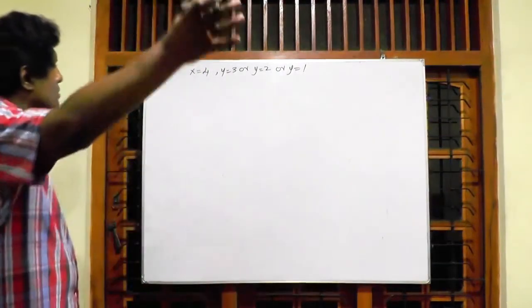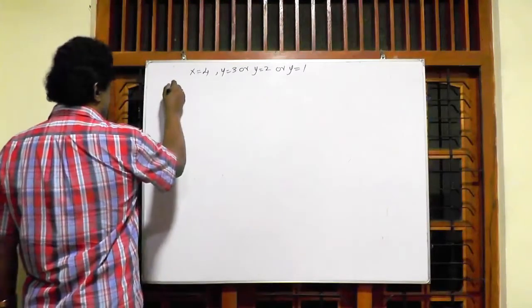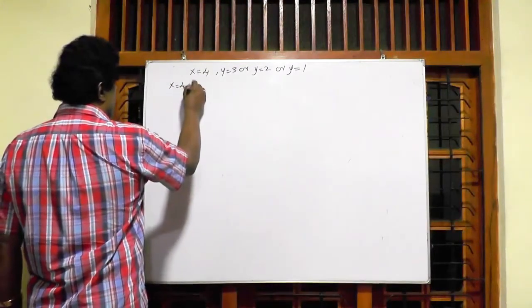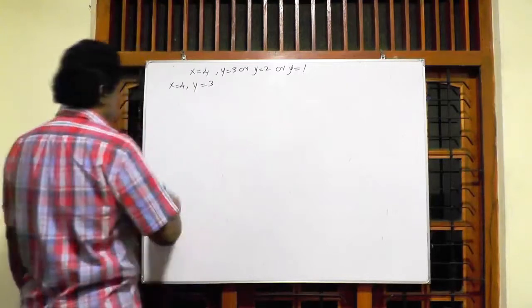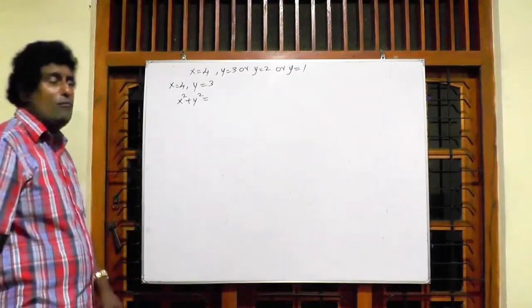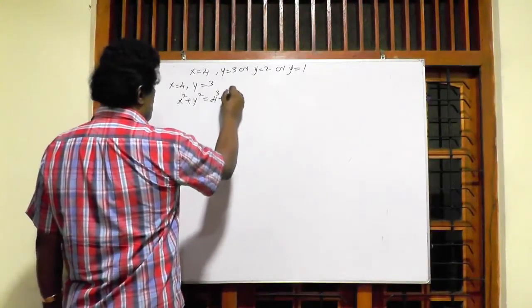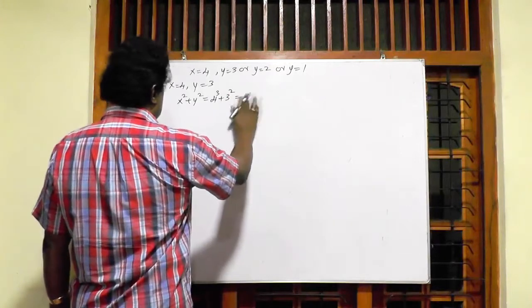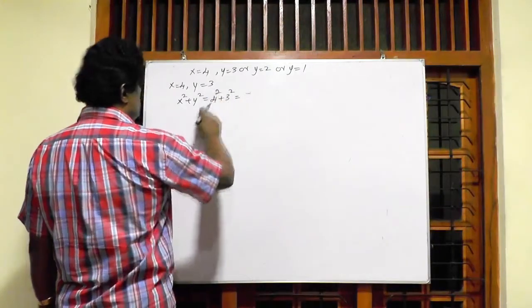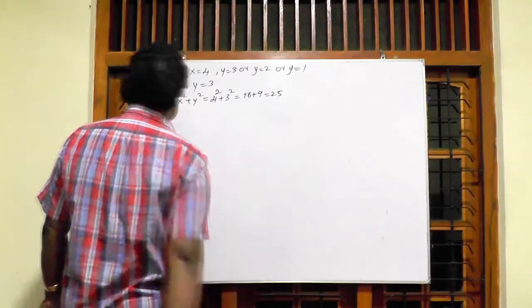Then when x is 4 and y is 3, what is the value of x squared plus y squared? It is 4 squared plus 3 squared, then 16 plus 9, that's equal to 25.